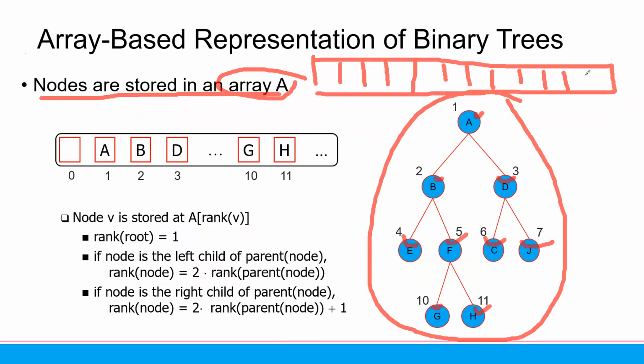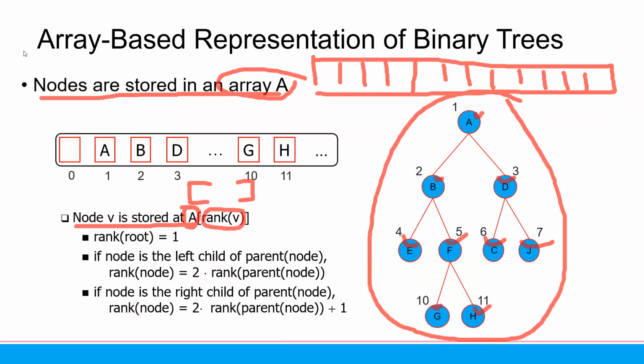So let's start with rank. Now we will check every node v, which is stored at A. A is the array, and the index inside the square bracket will be rank of v.